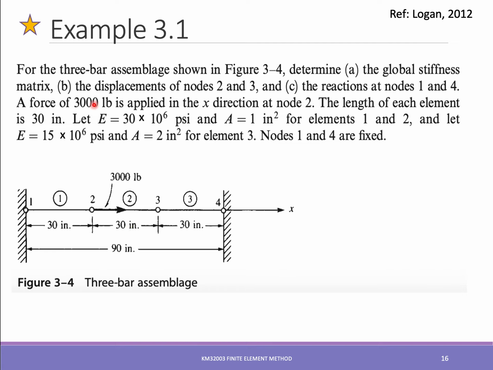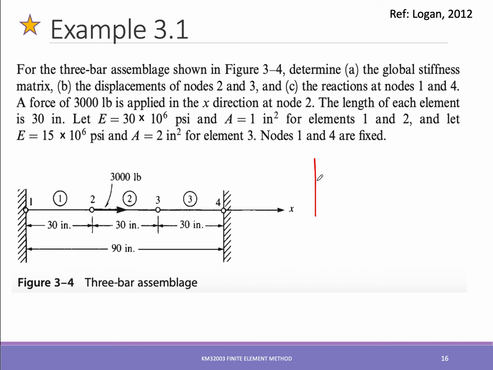For example, the modulus of elasticity is given, the cross-sectional areas of the elements are given, as well as the length, or the initial length of the element itself. So this shows a 3-bar assemblage problem, which could represent one single bar that we just break into parts to analyze.